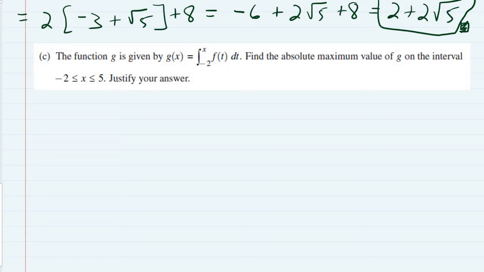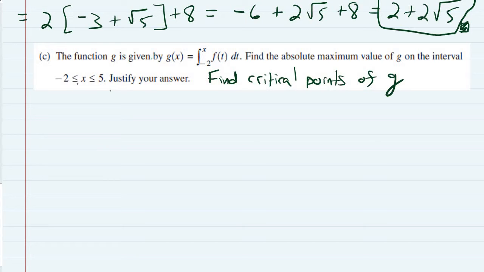So one thing I know is I need to find the critical points of g, because that's going to be a candidate for the absolute maximum.